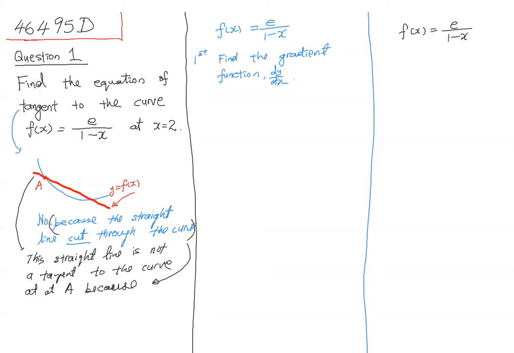Because this is also the gradient of the tangent, correct? If I want to know the gradient of the tangent, I must have the gradient function first. So that is the first step. So I differentiate. Zafan, just now you told me that I have to rewrite this.